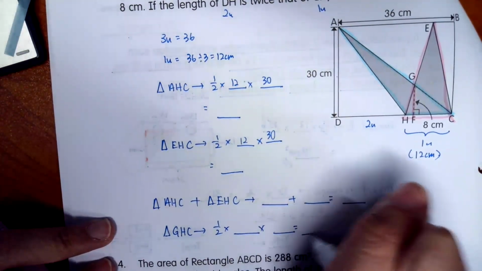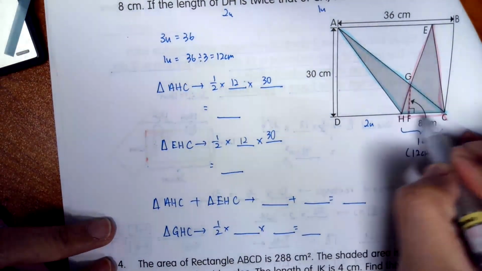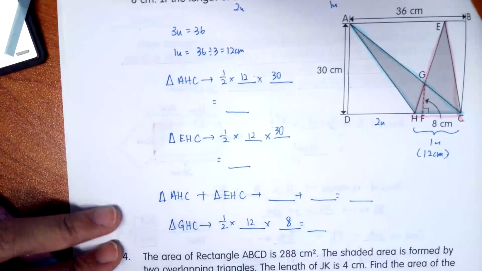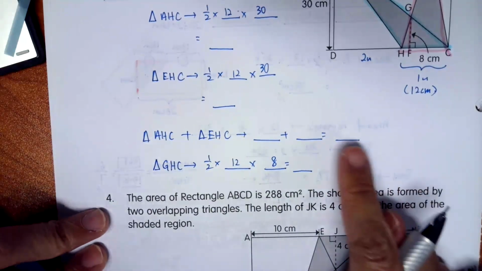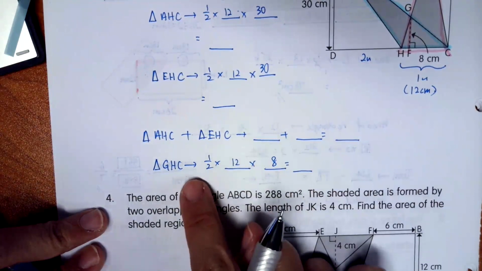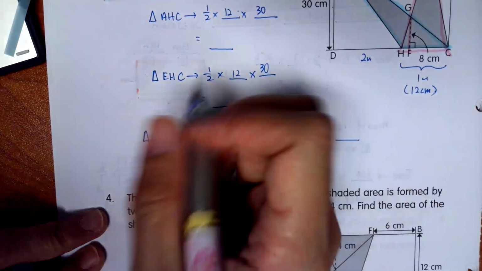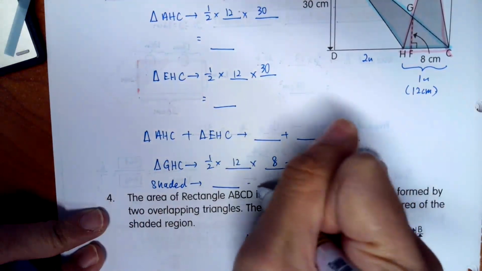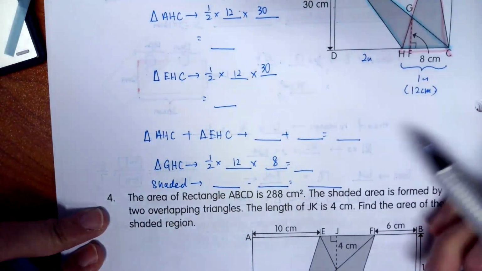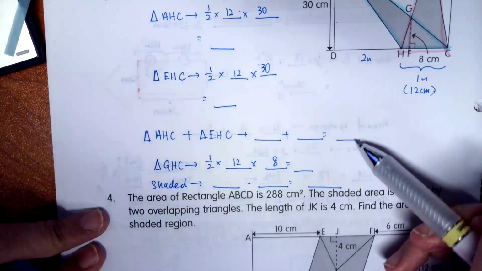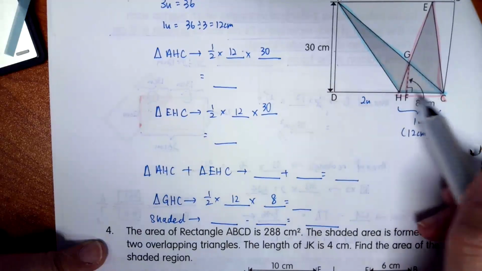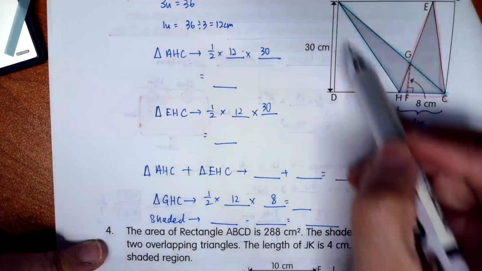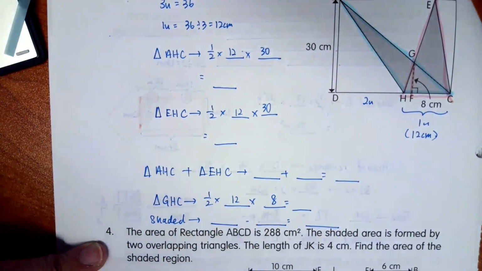The base is 12, the height is 8. Okay, so I have to take this minus triangle GHC to get the shaded. I say again, you have to take the total, the two triangles, minus one set of this repeated part to get the shaded triangle. All right, that's it.